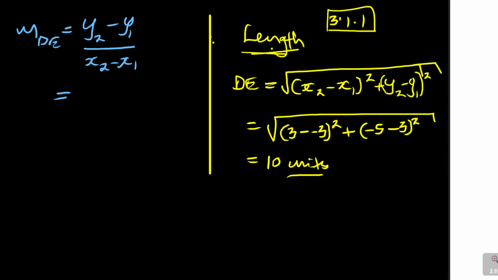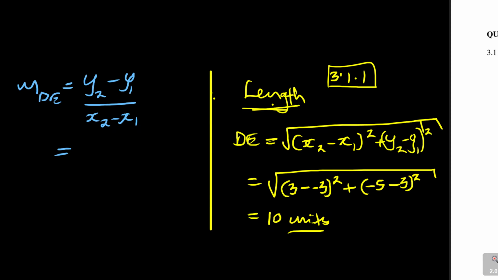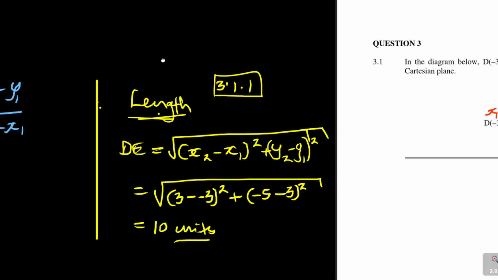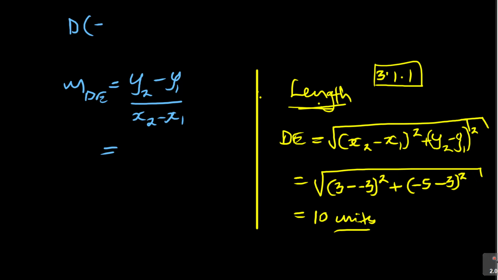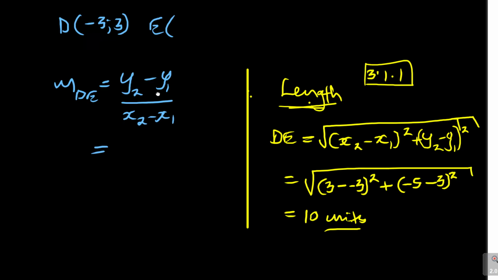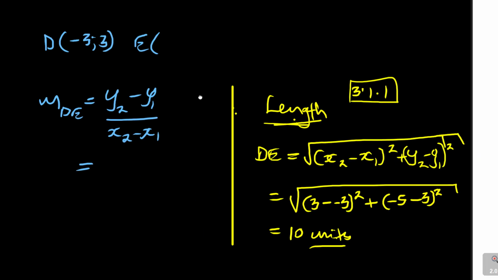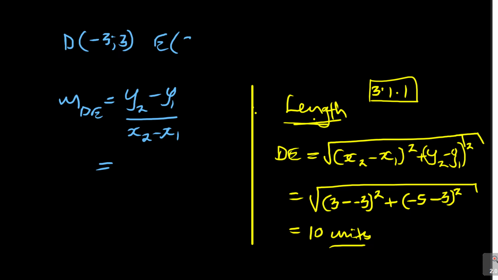Since I'm looking at D, some do it this way. The coordinates of D were minus 3 and 3, and the coordinates of E were 3 and minus 5.